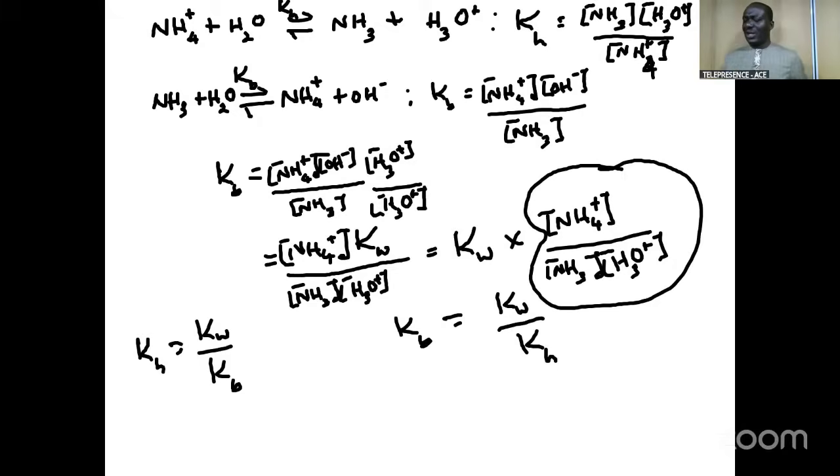You can multiply with OH. Yes, you can. But that means that you will have H3O plus, or hydrogen ion, as one of the components of the numerator. So that if you multiply by OH, the product of the two will give you KW. All right. I hope that is clear.